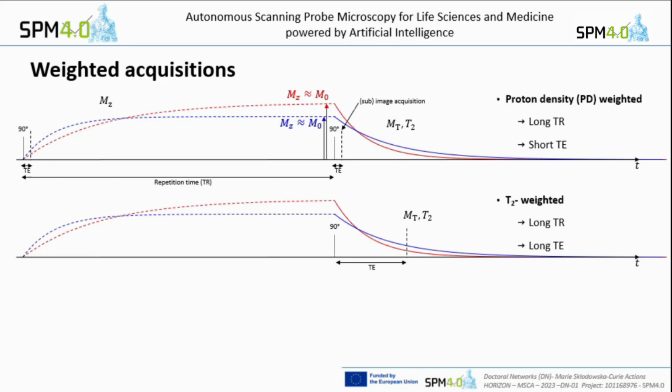And at the end, the effect of the T2 time overcompensates what we have in the beginning for different M0s. Therefore, it's T2 weighted. Tissue with a longer T2 time, the blue one, has a higher value at the end, a higher signal we receive compared to the tissue in red, which has a shorter T2 time.